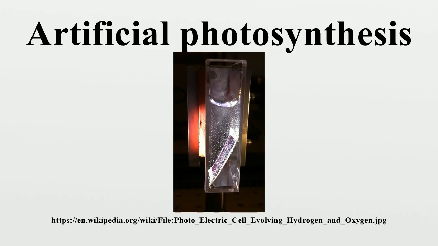Photocatalytic water splitting converts water into hydrogen ions and oxygen, and is a main research area in artificial photosynthesis. Light-driven carbon dioxide reduction is another studied process that replicates natural carbon fixation.